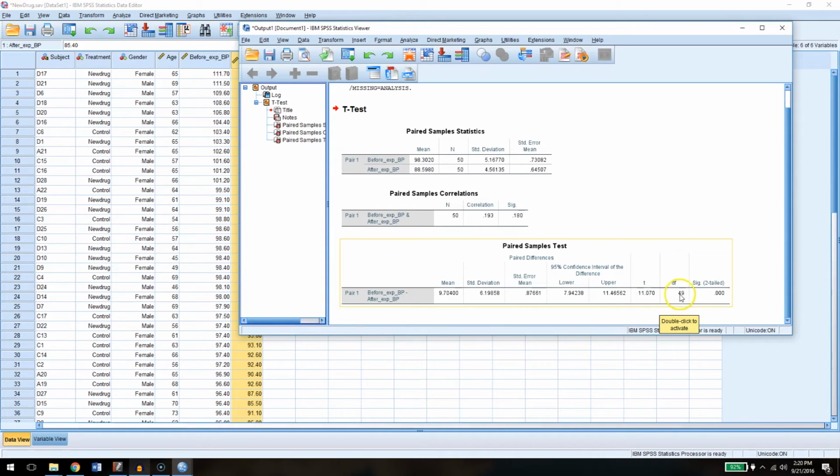Our degrees of freedom are still 49. It's still n minus 1. 50 minus 1 is 49. And our significance, our p-value, is very low, which means we reject the null hypothesis. The null hypothesis here is that there's no difference in blood pressure before versus after.